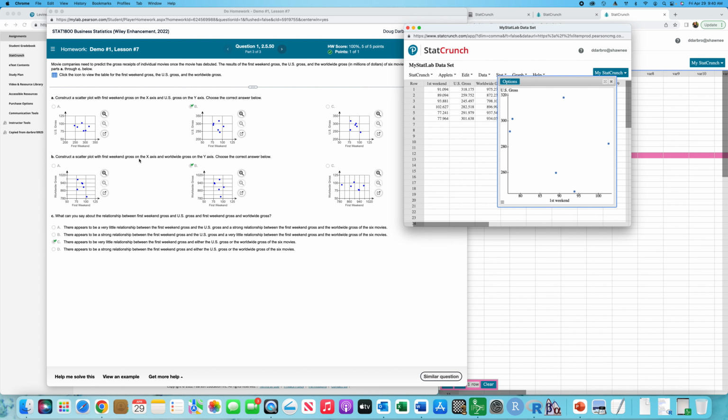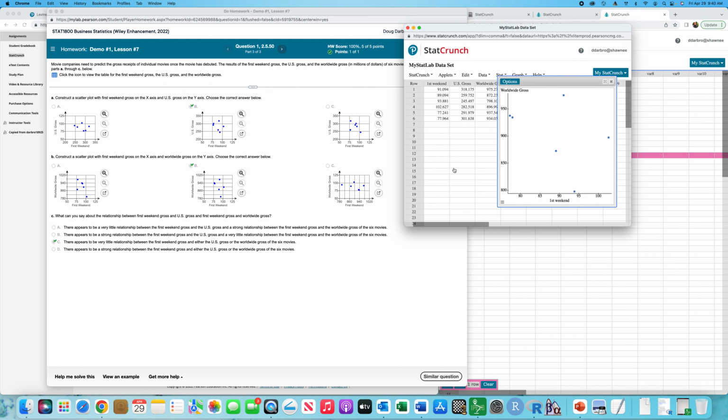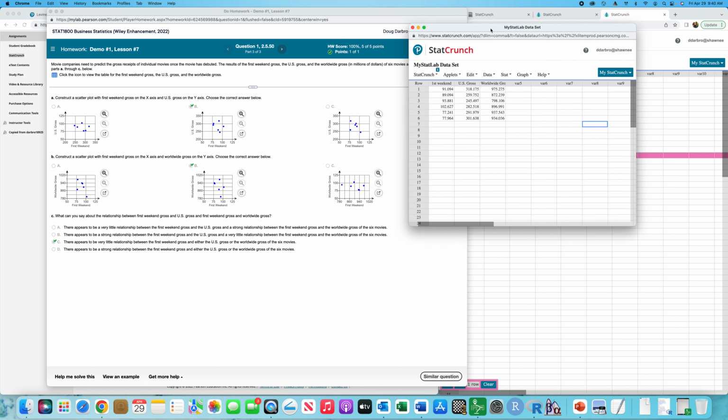The next thing we wanted was first weekend and then worldwide. So I'm just going to go up here and edit and change to worldwide gross. And again, I'm looking for the one that looks most similar, and I thought B looked most similar, so I selected it.